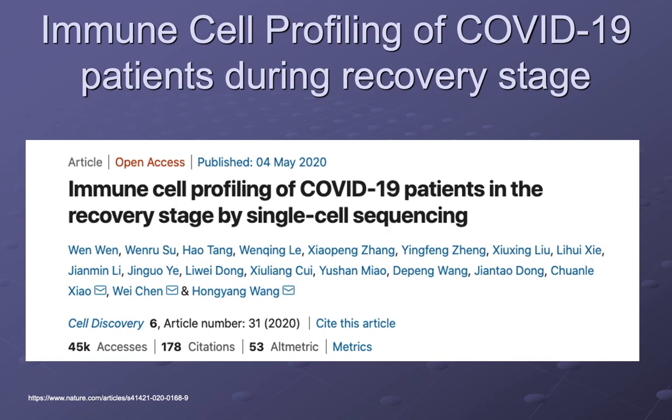No? Patients were divided into various categories, patients that are early recovering and late recovering. They were compared against healthy controls, and then the immune cell profile of a COVID-19 recovering patient was established by this paper.